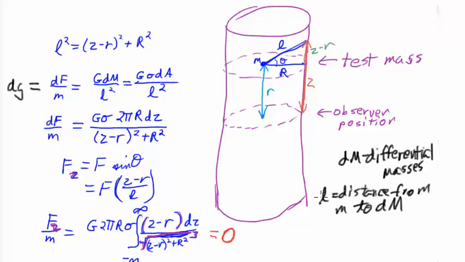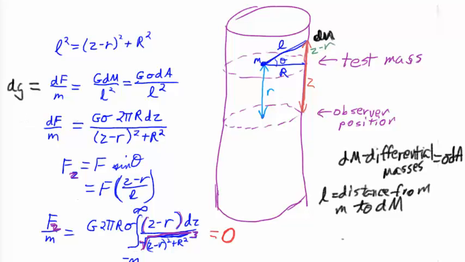So I'll call that L, the distance from M to the differential mass. The differential mass of the system is going to be equal to the density of the cylinder, the area density of the cylinder, times a differential area element around the cylinder.